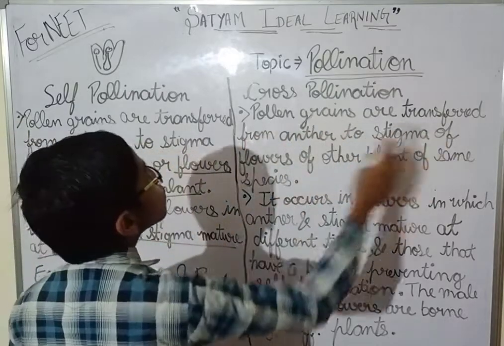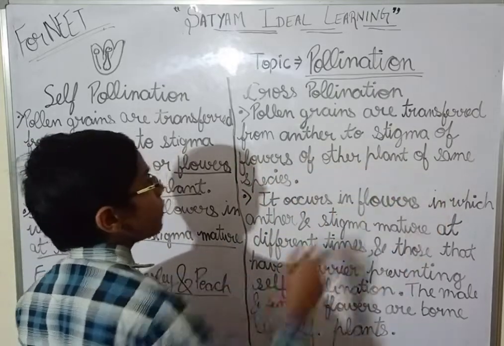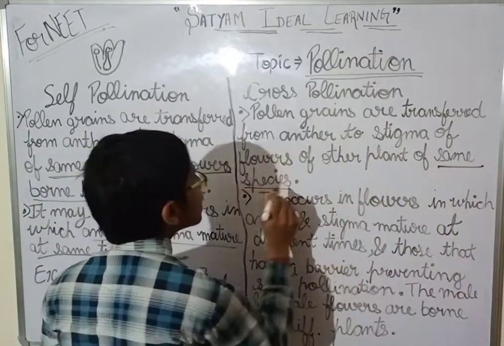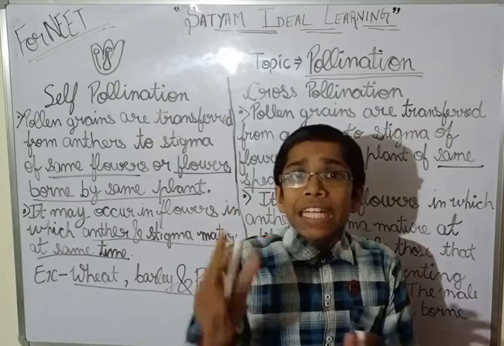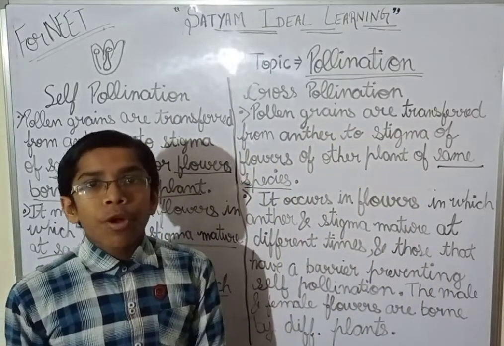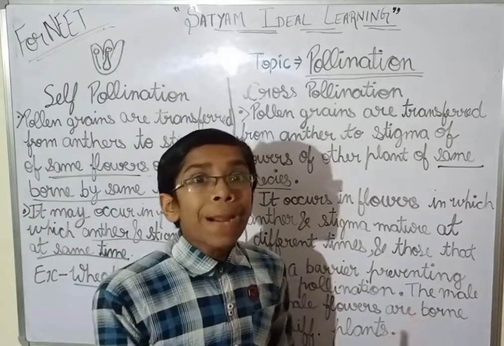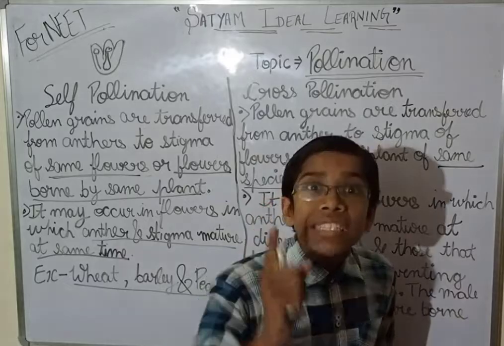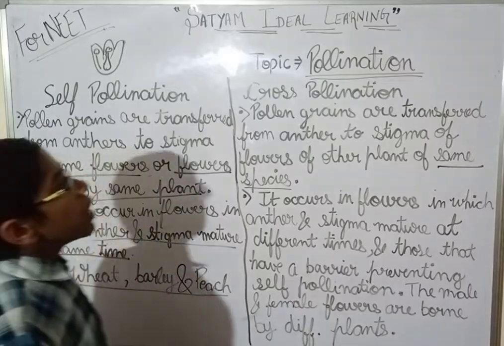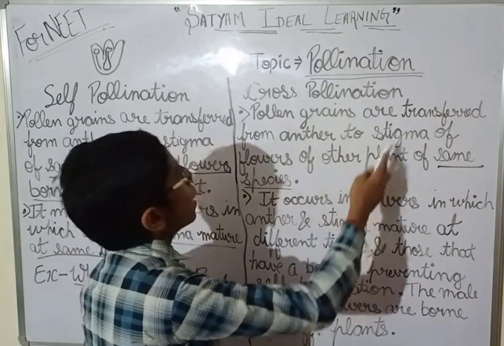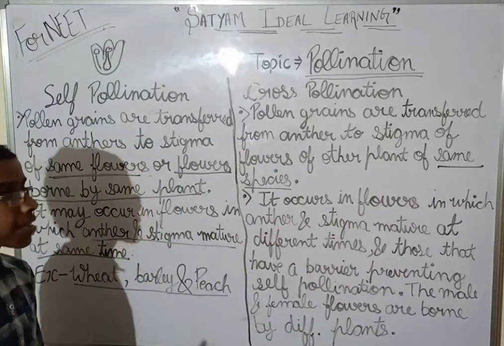Now, in cross-pollination, pollen grains are transferred from the anther to the stigma of flowers of another plant of the same species. This thing you have to remember: the pollen grains are transferred from the anther to the stigma of another plant, but the species has to remain the same.